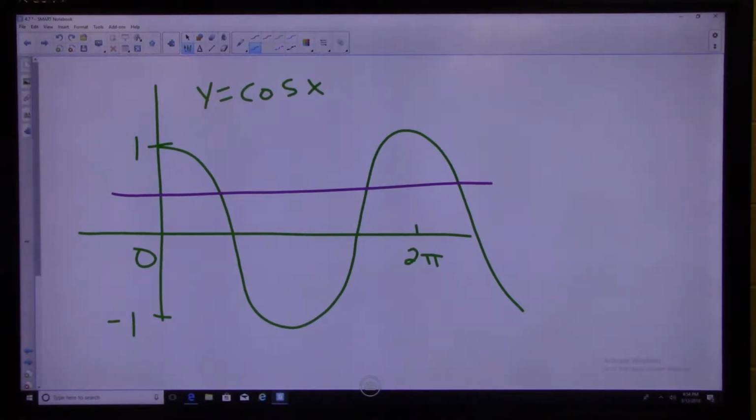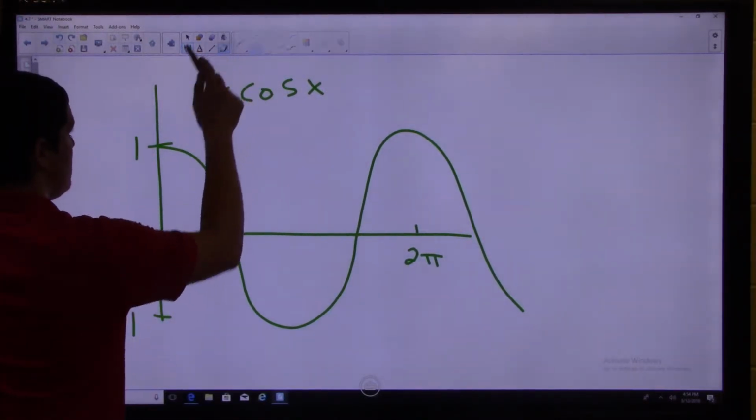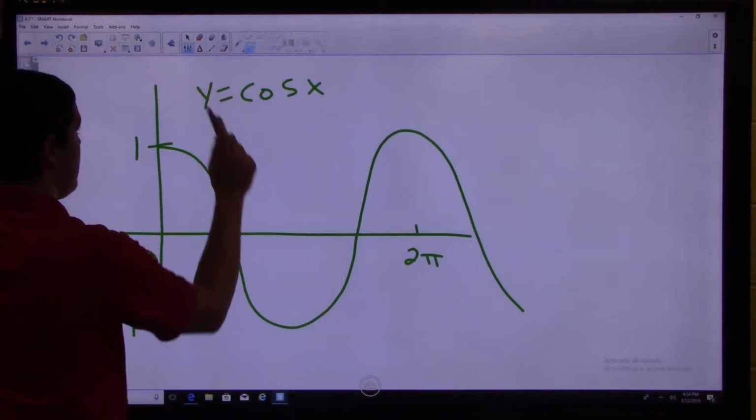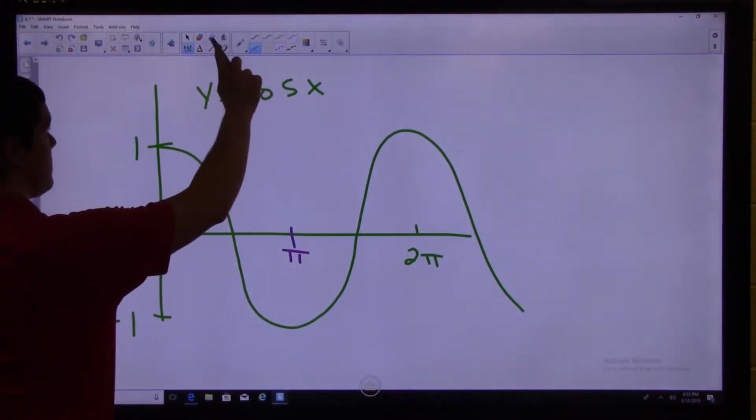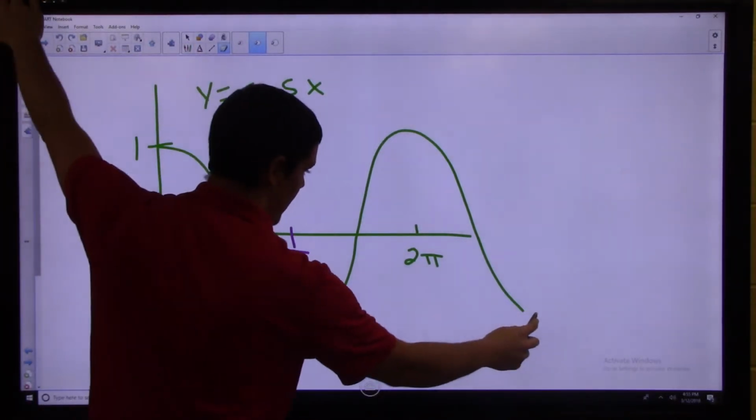Sorry, muddled through that. All right, so let me restrict the domain here. The way we restrict the domain on cosine is going to be from 0, this right here is going to be pi. So all we need to do is restrict the domain from 0 to pi.